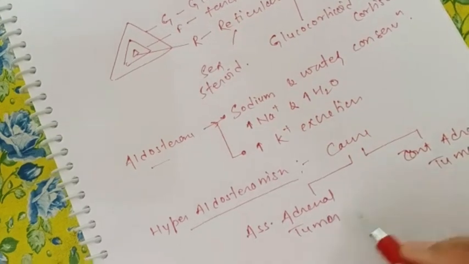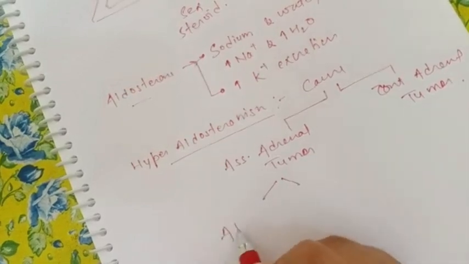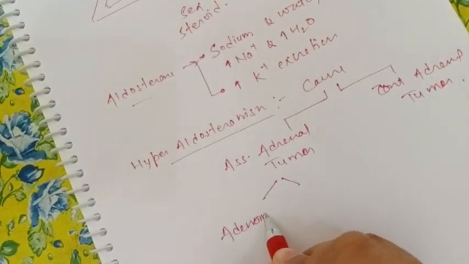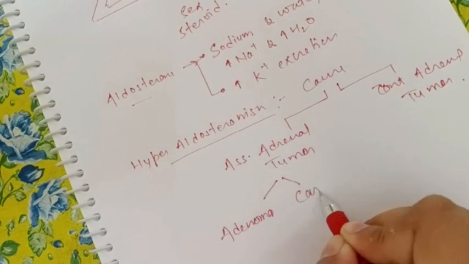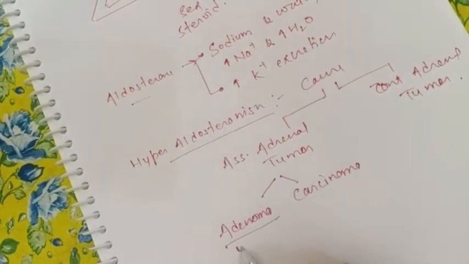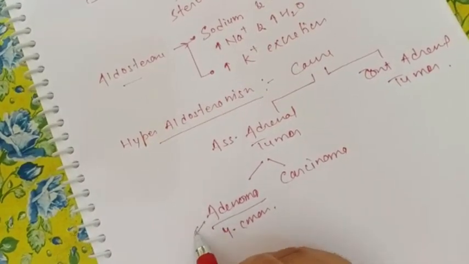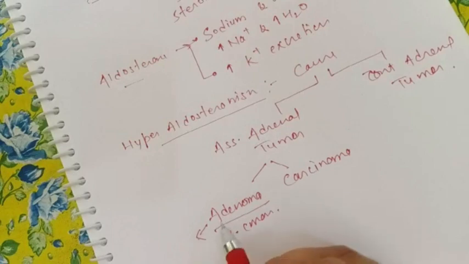Whenever it is associated with an adrenal tumor, it could be an adenoma or a carcinoma. Adenoma is the most common one, and when hyperaldosteronism occurs because of an adenoma, we call it Conn syndrome.